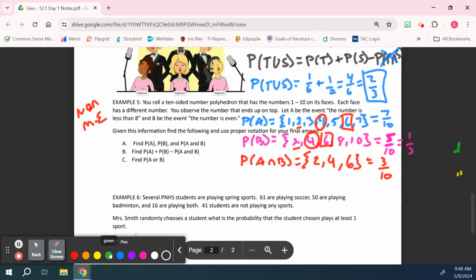Now letter B, all we're doing is setting up the addition property. So this is going to be probability of A, let's see, 7 over 10 plus the probability of B is 1 over 2 minus 3 over 10. Part C is solving that. So the probability of A union B is going to be what?